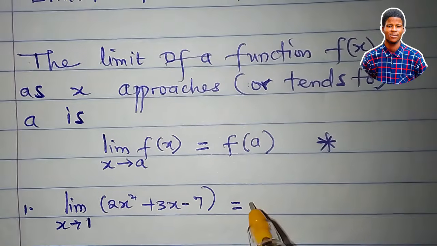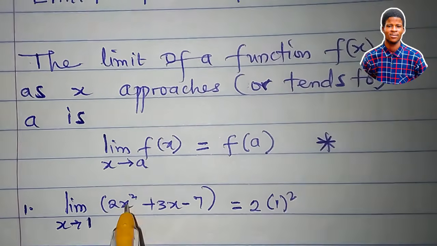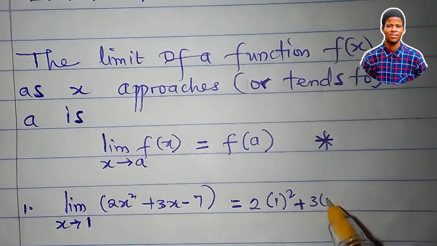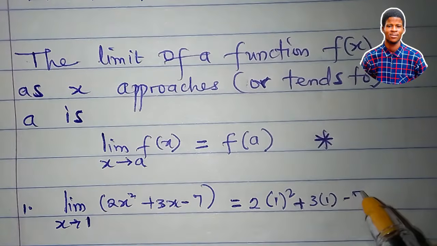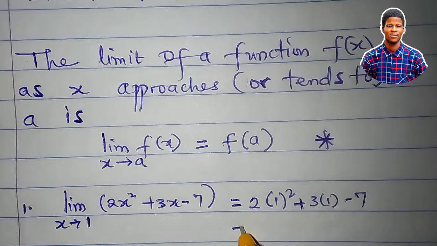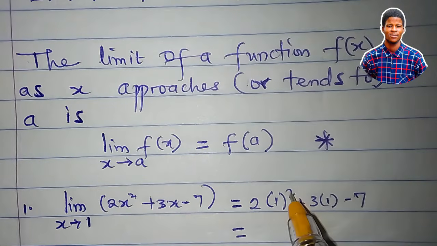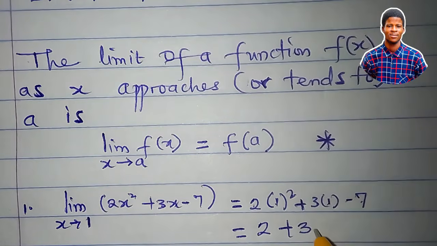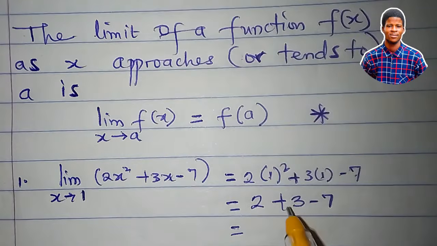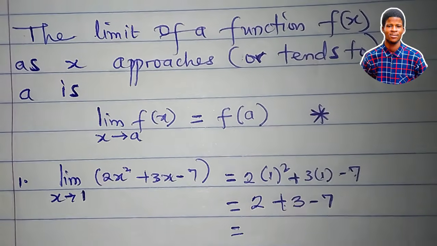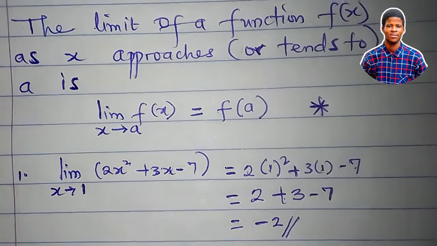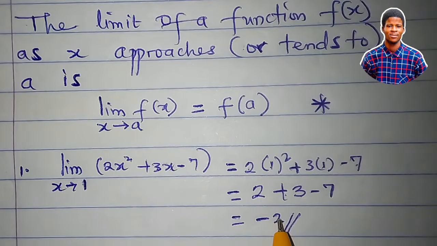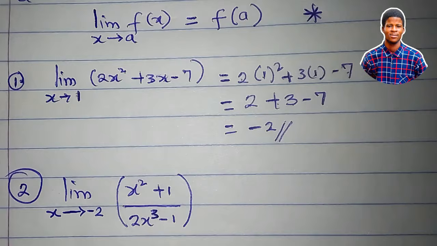So we have 2 times 1 all squared plus 3 times 1 minus 7, and this is equal to what? 1 squared is 1, times 2 is 2, 3 times 1 is 3, minus 7. 2 plus 3 is 5, 5 minus 7 is minus 2. So the limit of this function as x approaches 1 is equal to minus 2.